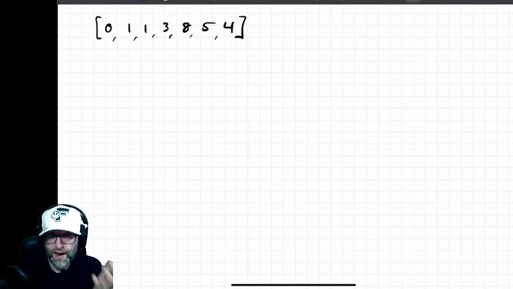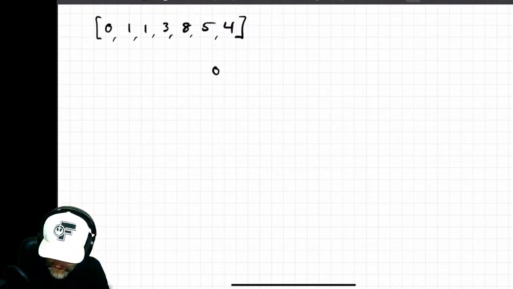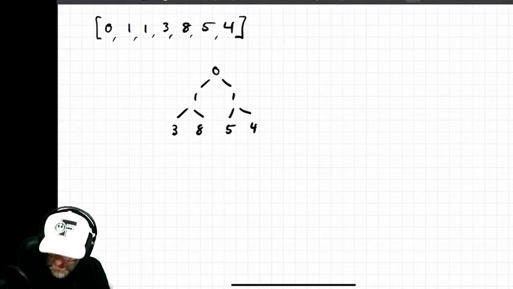You visualize it as a binary tree, a full binary tree. 0 is at the top, then 1, 1, then 3, 8, then 5, 4. And if I had, did I get everything? Yeah, that's everything.